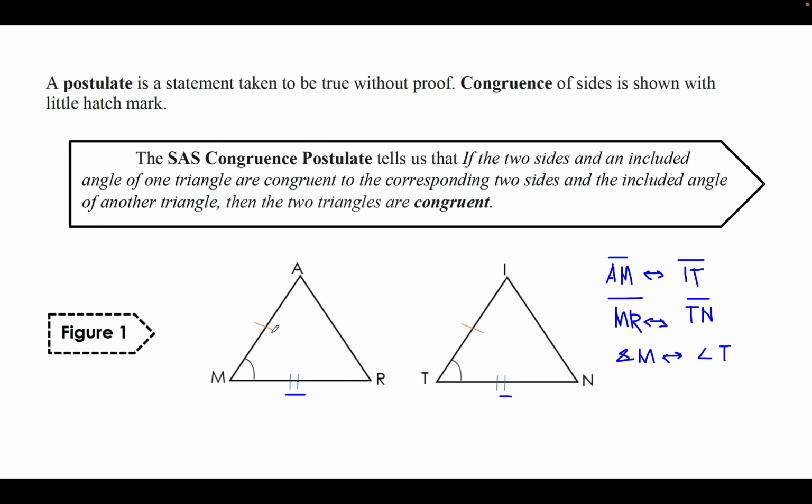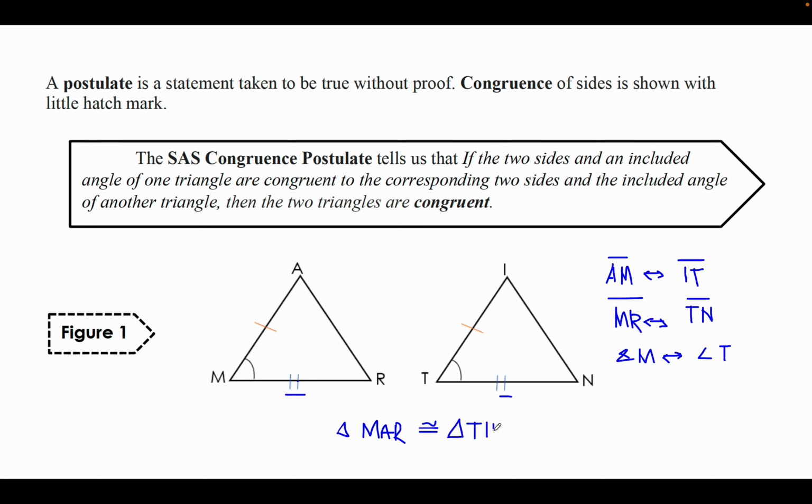So, if we have two sides corresponding to two sides of another triangle, and their included angles correspond, meaning we can say now that triangle MAR is congruent to triangle TIN.